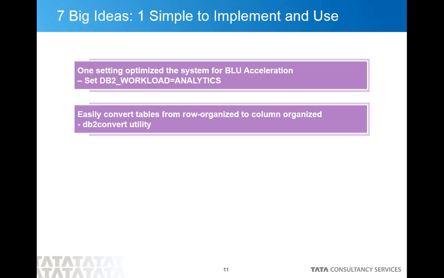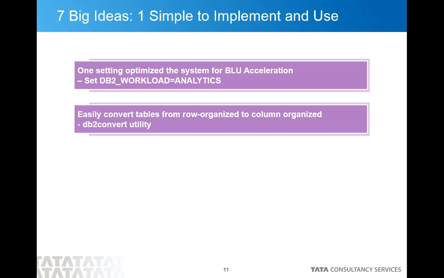Say we have memory parameters, workload management, storage attributes, all are automated. And in DB2 10.5, IBM has introduced a brand new utility called db2convert. With the help of this utility, we can convert our traditional row organized tables to column organized tables.